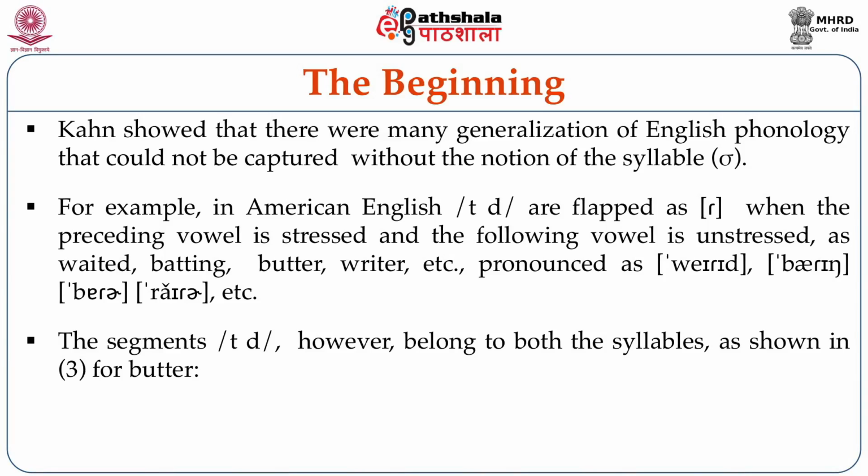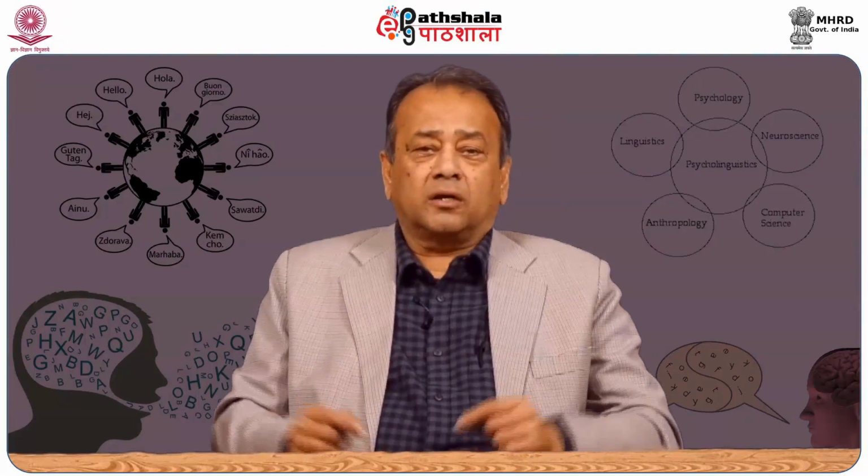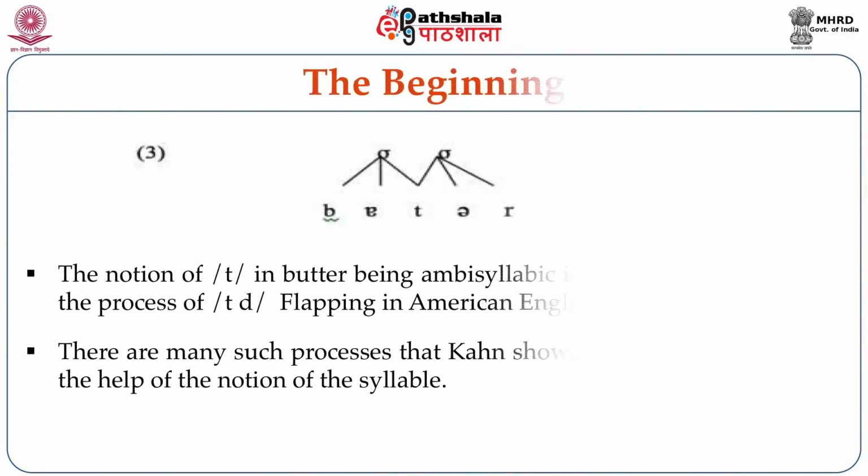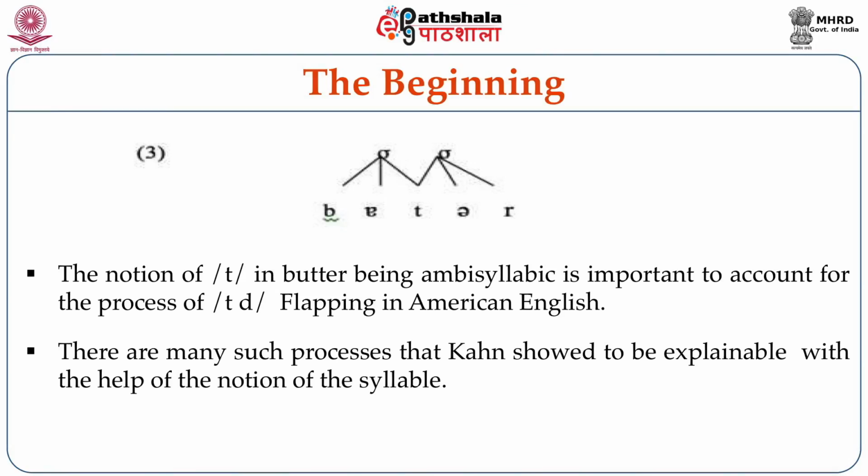Now how do we account for flaps, for flapping as a phenomenon? What is the context that we can provide for t, d to be flapped? The explanation that Kahn gives is that t and d occur as a segment which relates to two adjacent syllables. So in a word such as butter, let us say, the t is associated with both the following syllable, which has in it the er, as well as the preceding syllable, in which we have ba as sequences of segments.